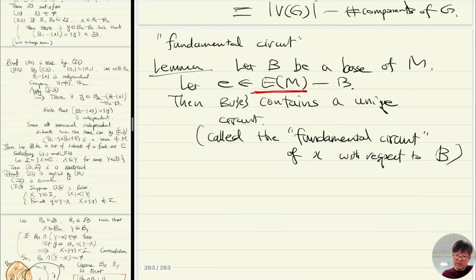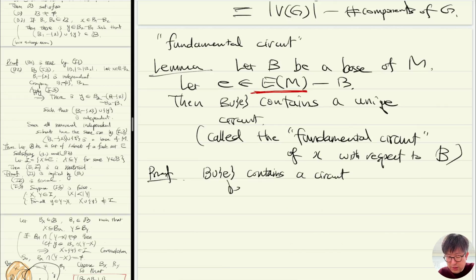Okay, and the proof is quite trivial. So why? First of all, B union X contains a circuit because it is dependent. B was a maximal independent set, so any proper superset of B is dependent, so it contains a circuit.